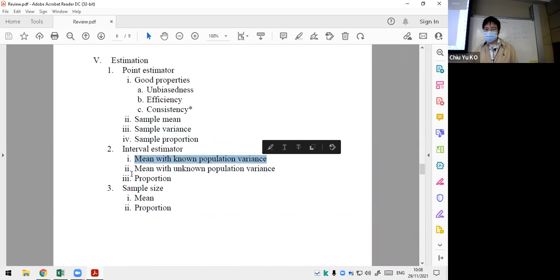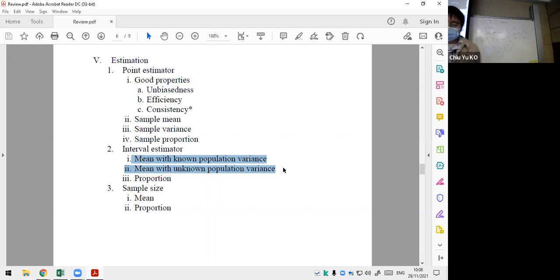You know the mean, you don't know the variance, you know the variance and proportion. Do note that when you talk about 1 and 2, either you have to assume the underlying distribution normal, or sometimes you have to assume central limit theorem applies. Otherwise, the whole thing is not following the T. So there is some assumption behind why you can do that.